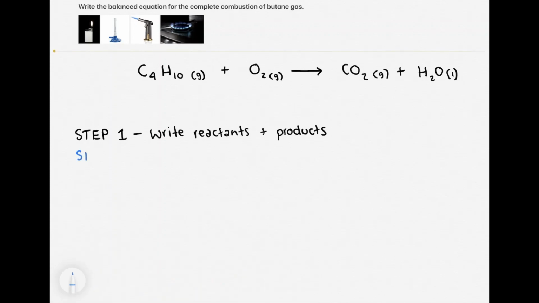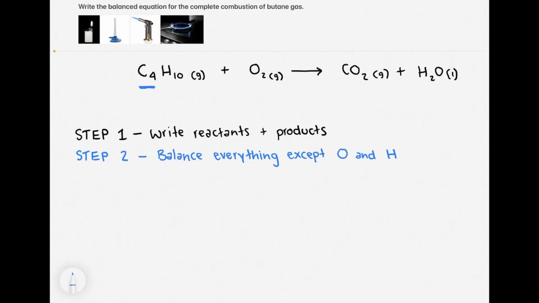So step two is to balance everything in the equation except for oxygen and hydrogen. Okay, so on the left-hand side of the equation, we have 4 carbon atoms.